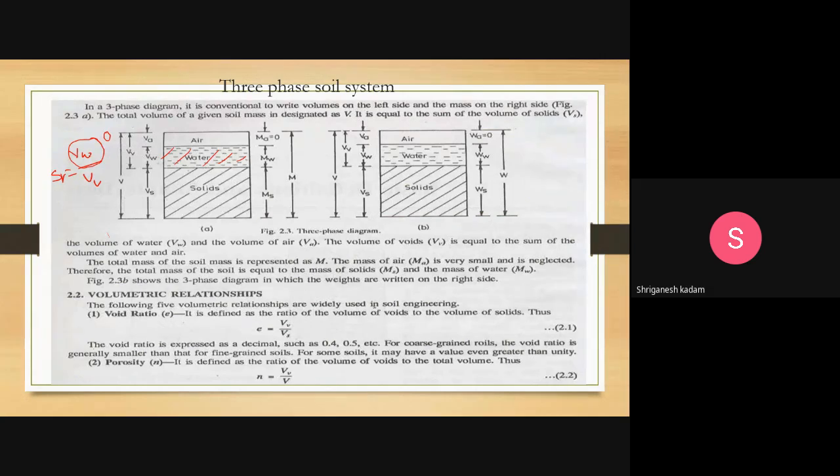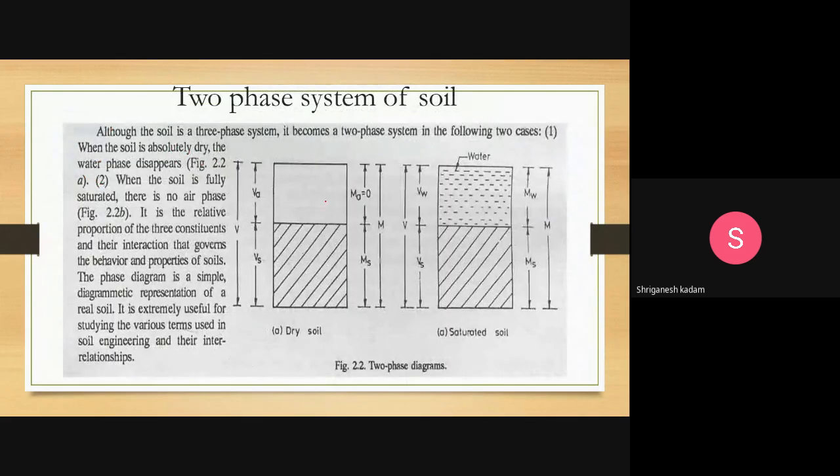Vw is 0, okay. Vw 0 means what? Volume of water equal to 0. Means water is absent. Okay, water is not present here in volume of void. Water is absent, means what? Only there are two phases. See in this diagram, only there is soil solid and volume of air. Here you are not observing water.